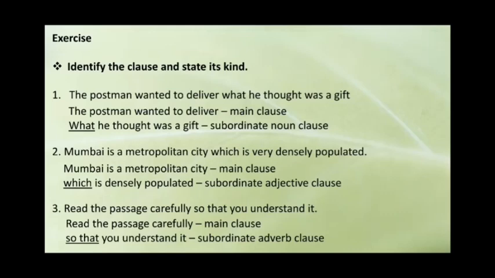Is it a noun clause, adjective clause, or an adverb clause? Children, it is an adverb clause. Why? Because it is telling you the purpose. Read the passage carefully. Why? What is the purpose of reading it? So that you can understand it. So, this is the adverb clause of purpose.